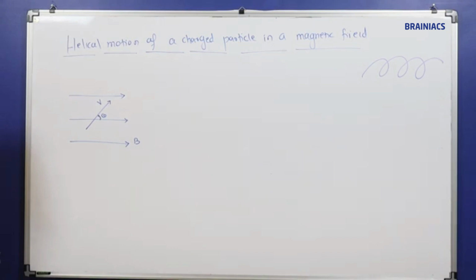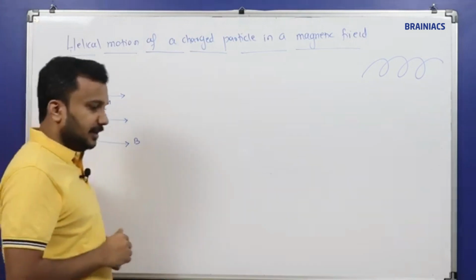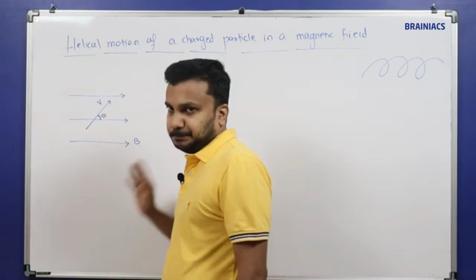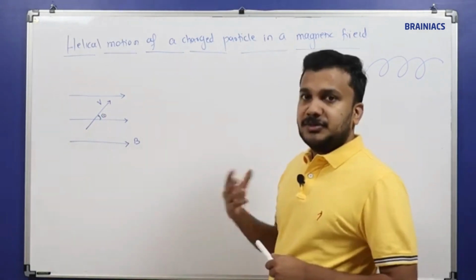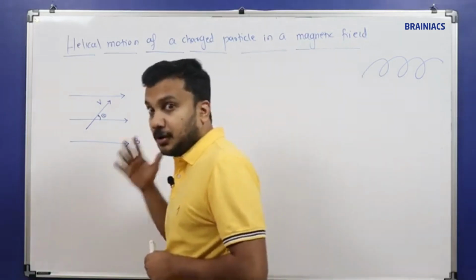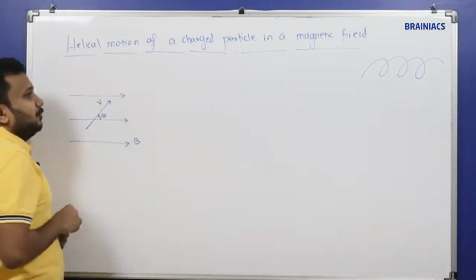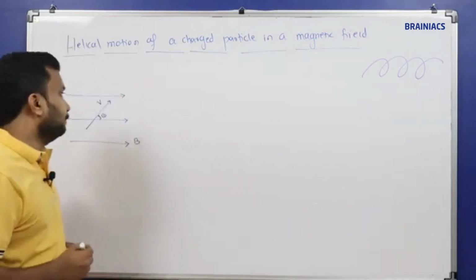The magnetic field is from left to right. So what will happen to the charged particle? It will undergo helical motion. How is the helical motion possible? That's what we are going to see.